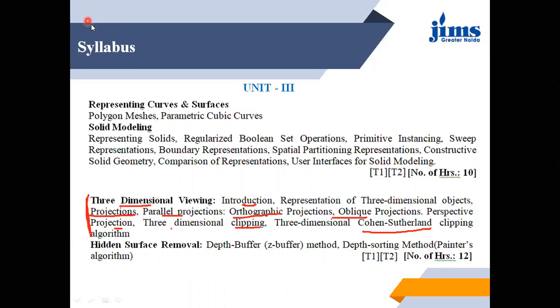Among these two hidden surface removal methods, one question is always asked. Either it is based on depth buffer or on depth sorting, that is Painter's algorithm. Sometimes they ask for an explanation in theory only, such as what is the difference between Z buffer and Painter's algorithm.